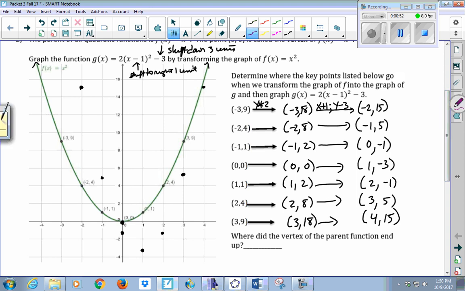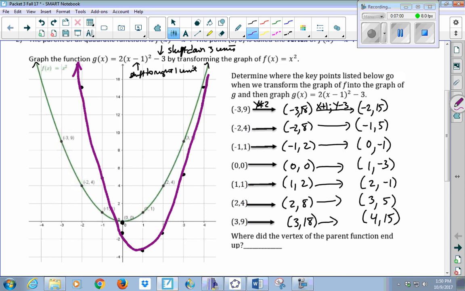So let's use a different color. And here's our new function, g of x. So let's take a look at what happened to our vertex here. Our vertex on our parent function was 0, 0. And where did it end up going?